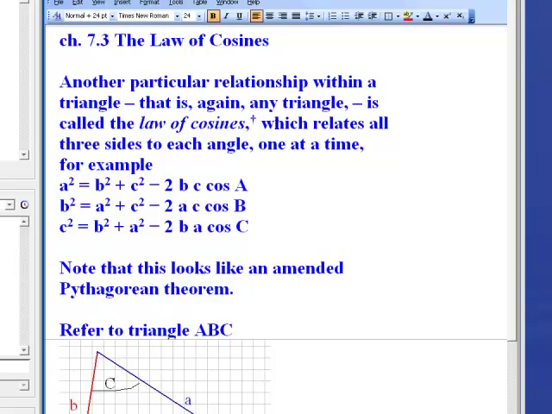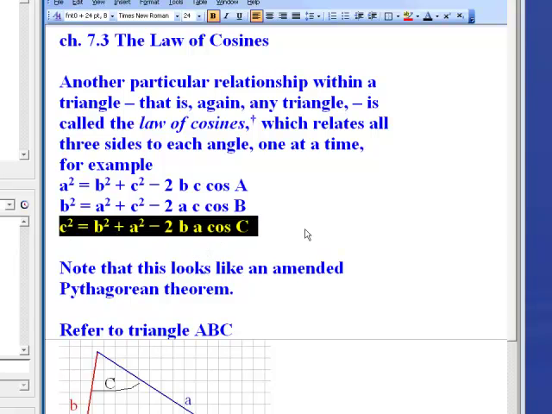The proof for the law of cosines is relatively easy. I'm going to show it in just a moment. Let me just look at one here: c squared equals b squared plus a squared minus 2ba cosine c. So, for example, the side c squared equals b squared minus a squared, and imagine that you had a right angle here at C, which of course you don't.